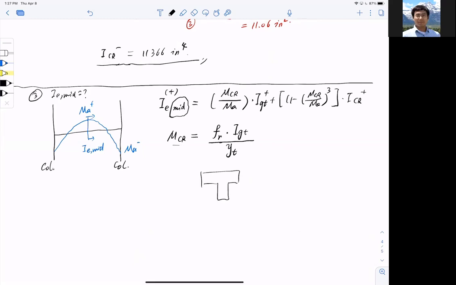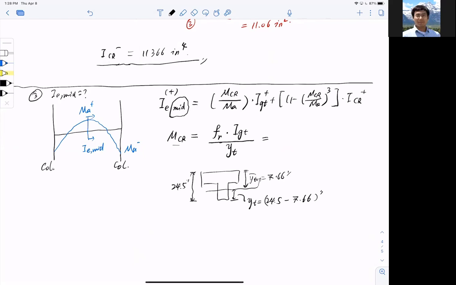And this here, Y top, remember, is 7.66 inch, is given. And the total height is also given, which is 24.5 inch. So here, YT, just for information, is 24.5 minus 7.66 inch.